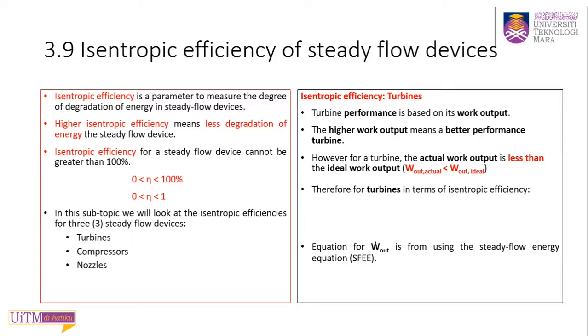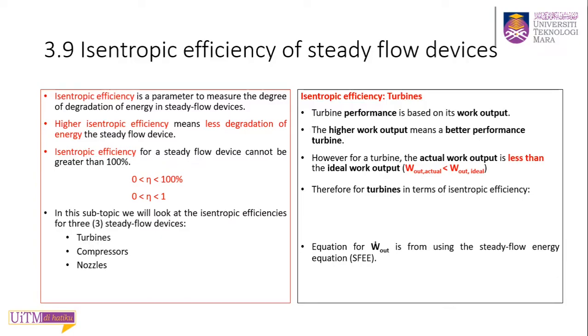In terms of performance, if a steady flow device has a high isentropic efficiency, it means that less energy is lost and more power output can be achieved. However, for any steady flow devices, the isentropic efficiency cannot be higher than 100%.